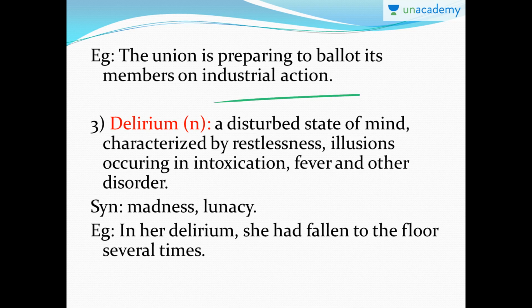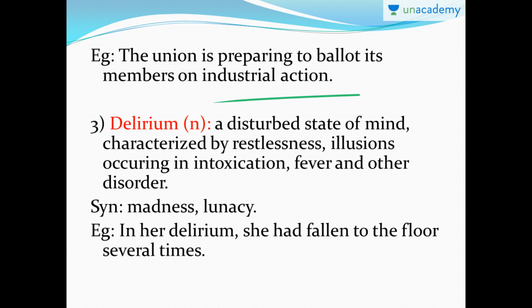The third word for today is delirium. It's a noun again. Delirium means a disturbed state of mind characterized by restlessness and illusions, occurring in intoxication, fever, and other disorders. That means it's a state of mind where a person is very restless. Restless means you cannot sit in one place for 2 minutes. You're very agitated. You want to do something.